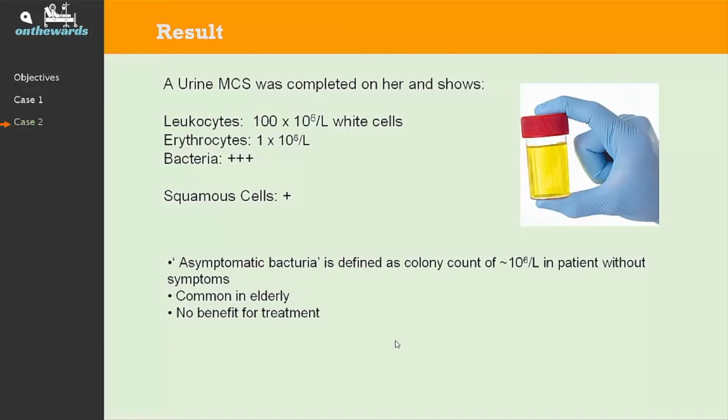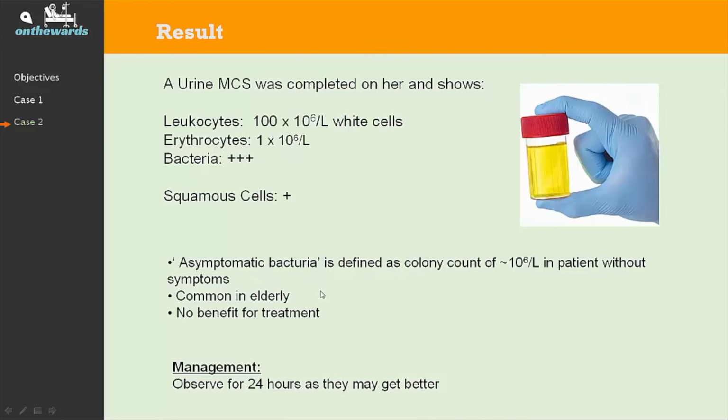So what would you do? Well, main management for her is to observe her for 24 hours, as they may get better. And if she develops symptoms later on, then commence her antibiotics. Now, when do you treat for asymptomatic bacteriuria?